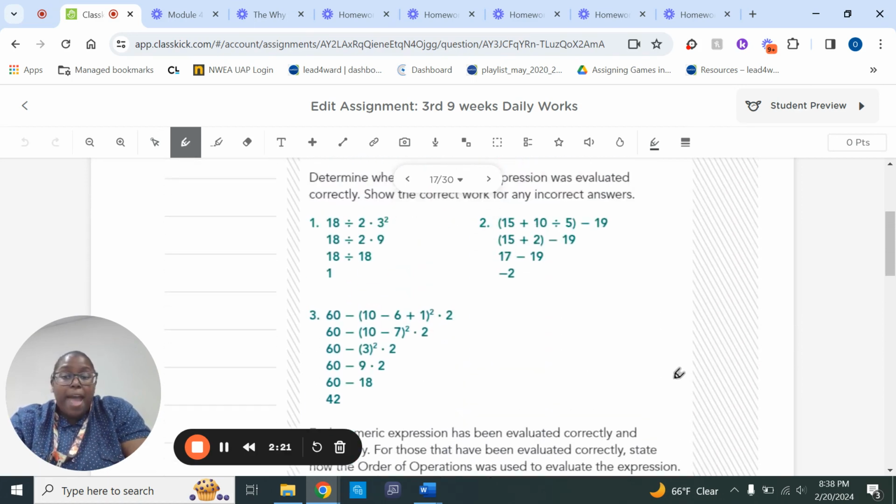For the top half, you are literally checking to see if these were done right and if they weren't, corrected. How you are going to correct it is you're going to use PEMDAS.